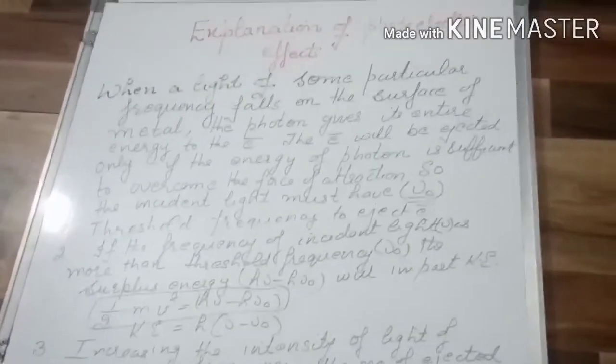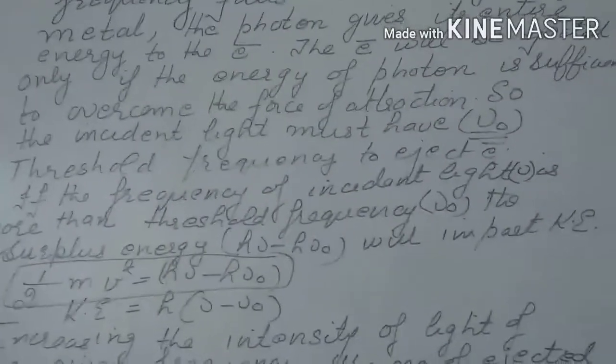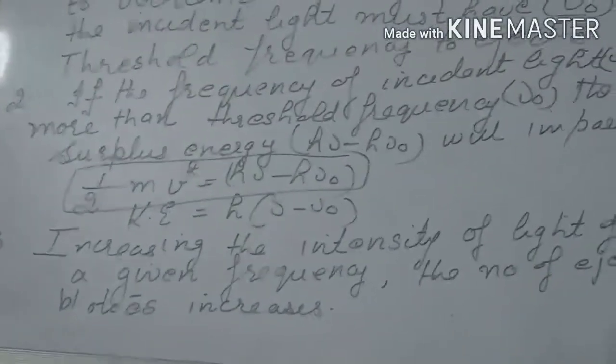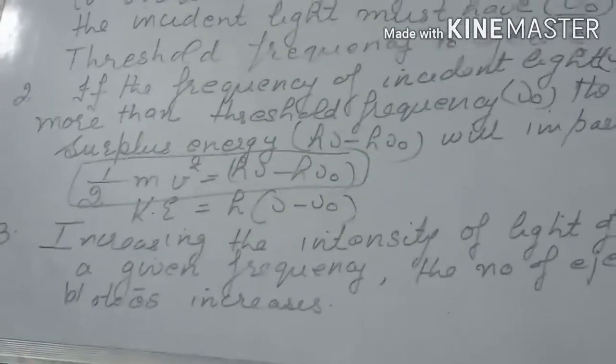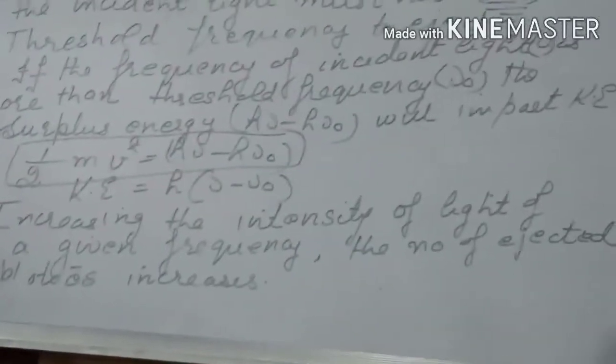Now, if the frequency of the incident light nu is more than the threshold frequency nu naught, then the surplus energy h nu minus h nu naught is imparted to the electron as kinetic energy. That is, the kinetic energy of the ejected electron, half m v square, equals h nu minus h nu naught.